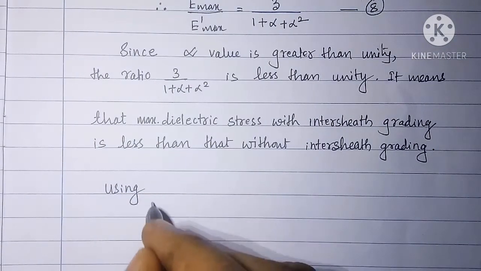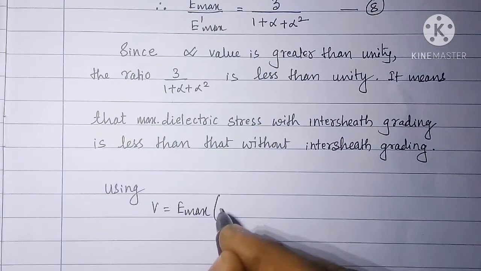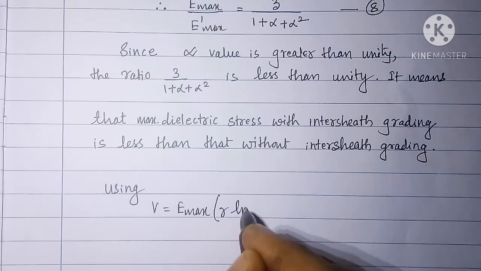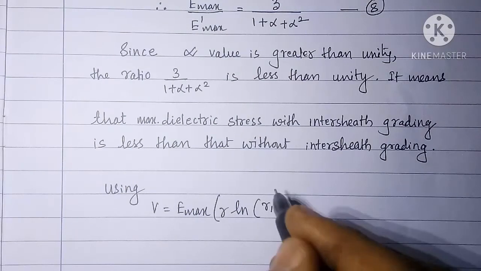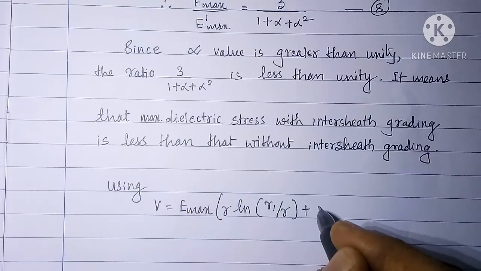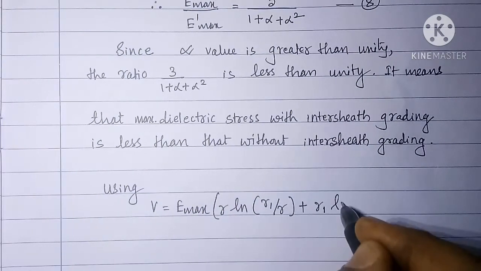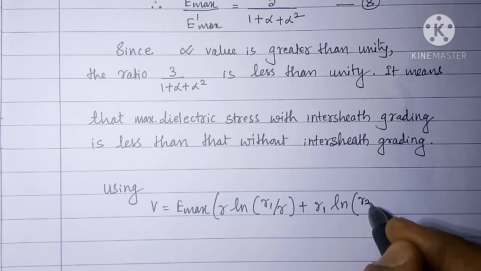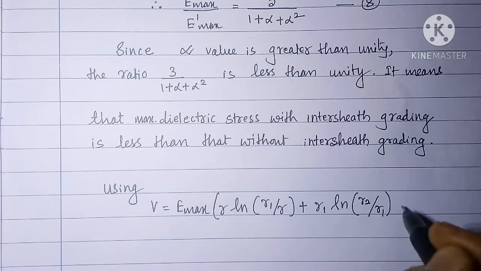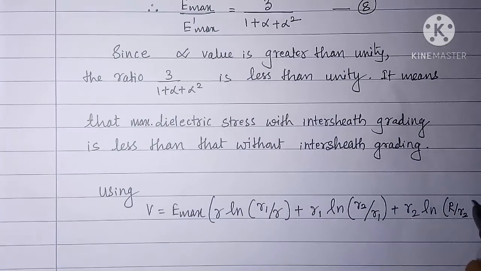Using V equal to Emax into the bracket R into ln of R1 by R plus R1 into ln of R2 by R1 plus R2 into ln of capital R by R2.